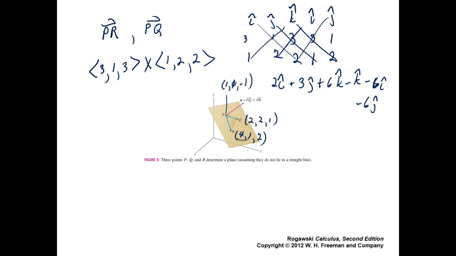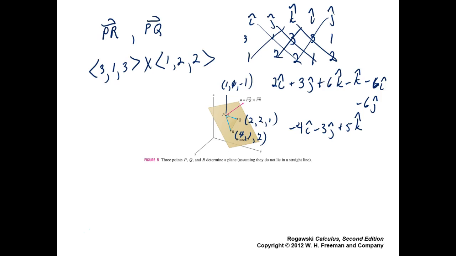So that would be minus 4i minus 3j plus 5k. Okay? That's the cross product between those two vectors. In other words, that's the normal vector. And that's going to be a normal vector to that plane.